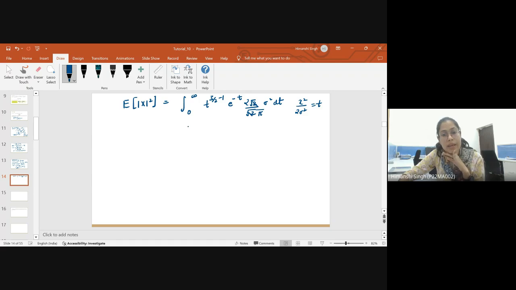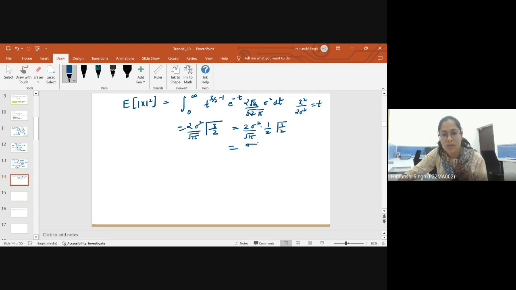This is the gamma function. So the value will be gamma 3 by 2, and here I will be getting this 2 outside and this sigma square outside. So it will be 2 sigma square into 1 by 2 gamma 1 by 2. I'm also having this under root pi here, so it will be under root 2 pi.